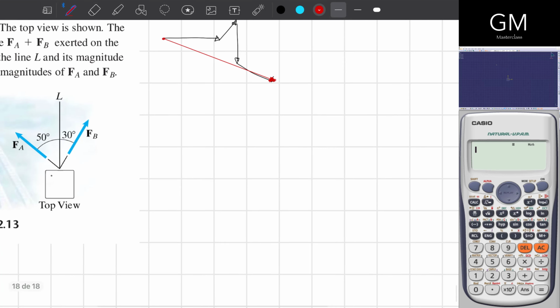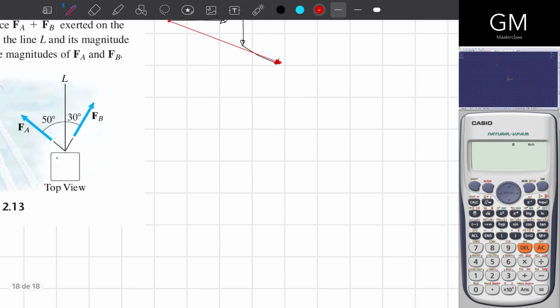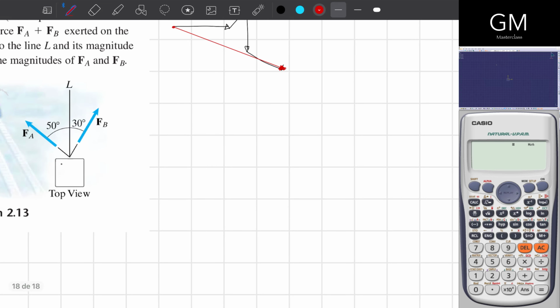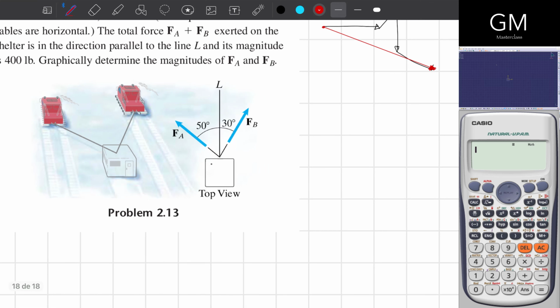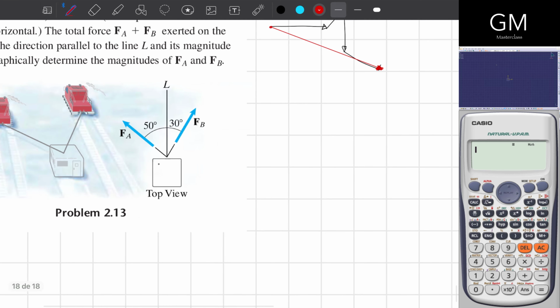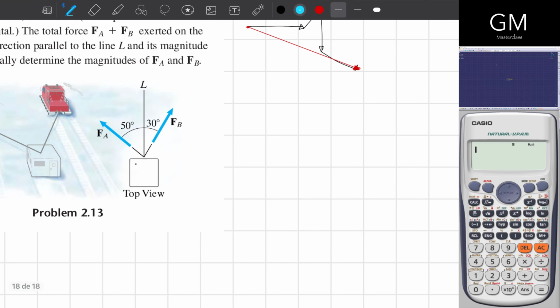Alright, so when they are telling me that the summation between these two vectors is equal to 400 pounds, and that 400 pounds are generated parallel to the line L, then what I'm going to have is this. Right here I have FB. Then right here I have FA.